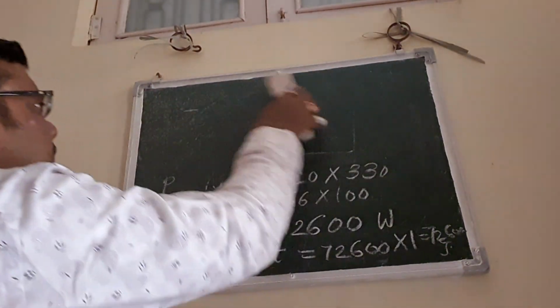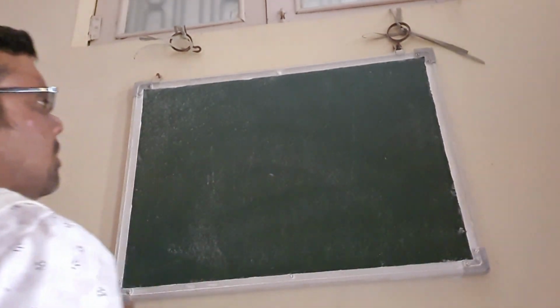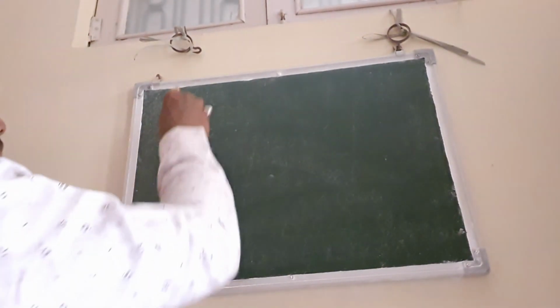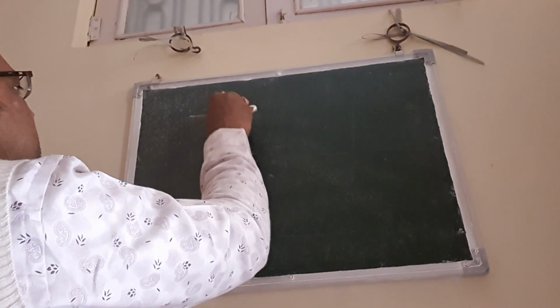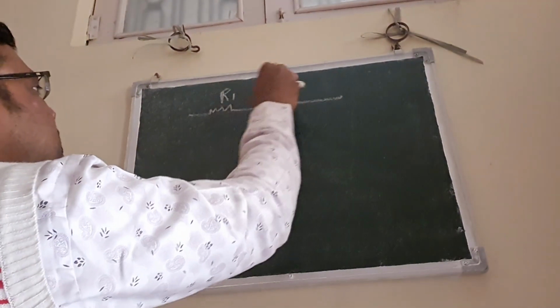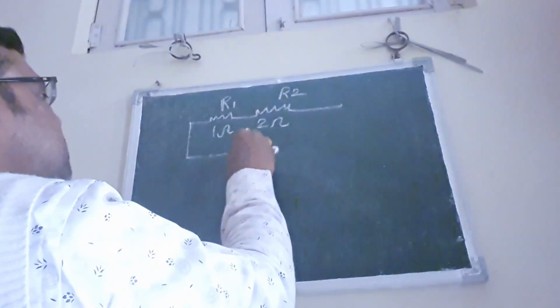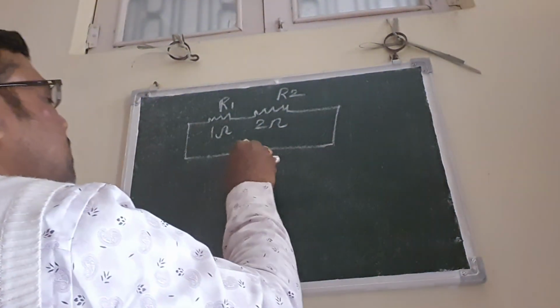Now we are connecting it in series. So now we have connected this circuit in series. This will be R1 and this will be R2. This is 1 ohm and this is 2 ohm. And the voltage across this is 220 volt.